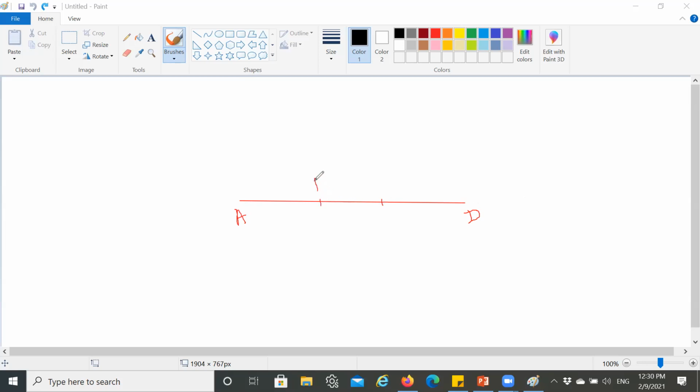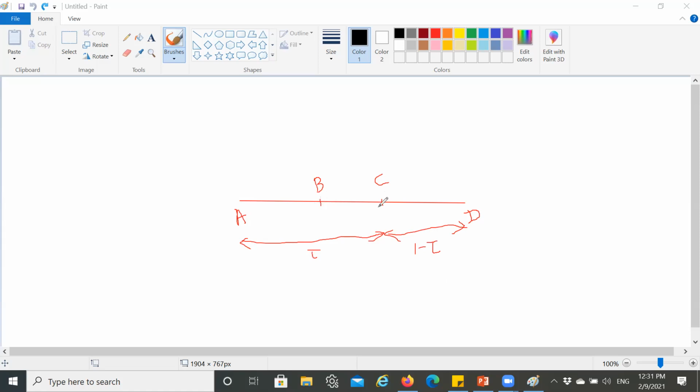Let's call this point B and this point C. Now, say the distance from A to C is some distance tau, and this distance is 1 minus tau. So the length of AD is basically 1. I divide AD into two parts: one is tau and one is 1 minus tau. Is it clear?